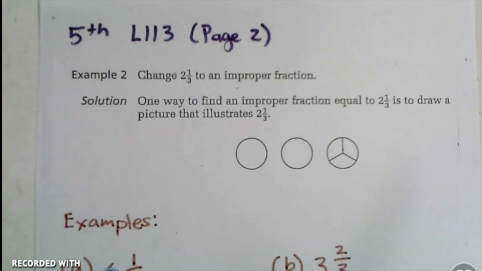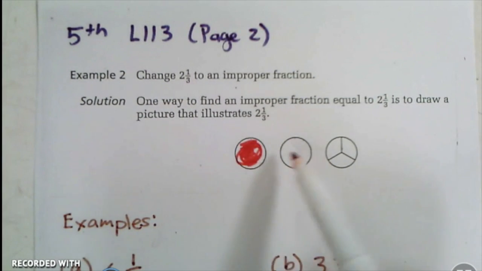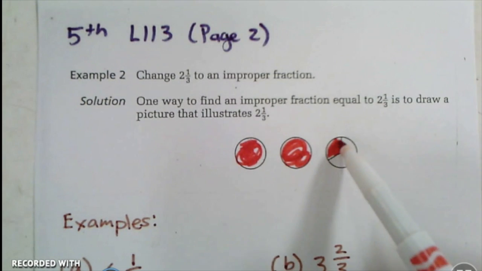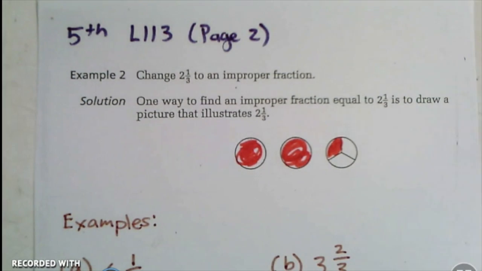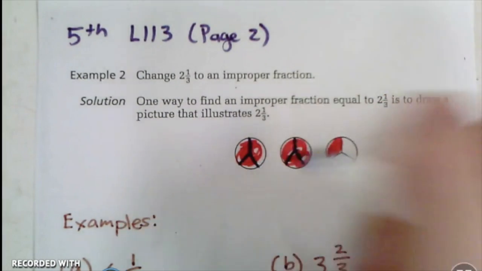This says change 2 1/3 to an improper fraction. So first we shade 2 1/3. This would be 1, 2, and 1/3. And then here we would cut those into thirds.